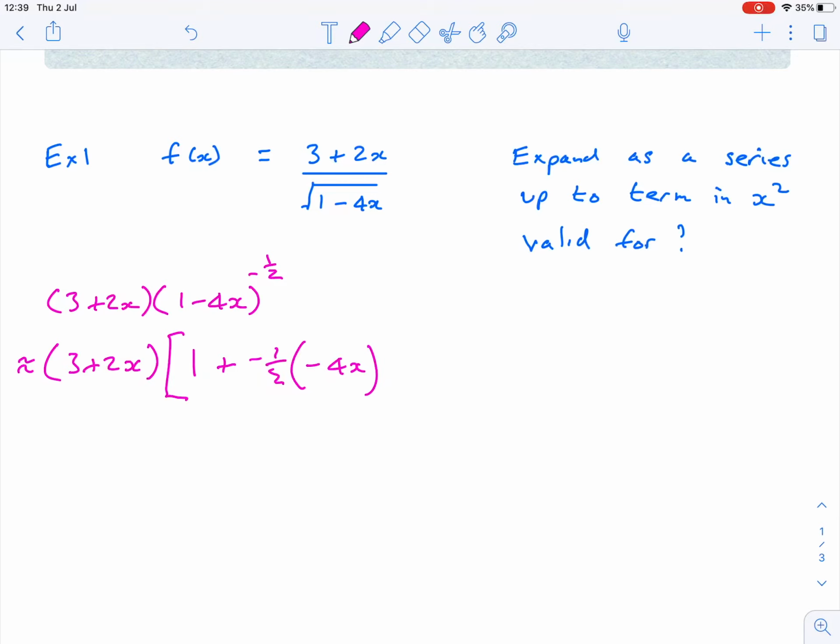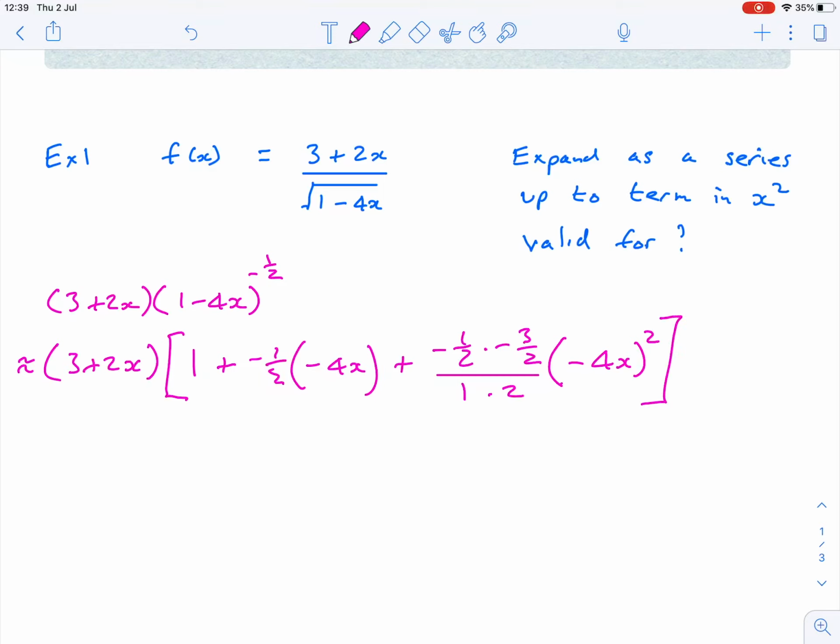So it's like 1 plus minus 4x. And then the next term will be minus a half times minus 3 over 2, 1 less than minus a half, over 1 times 2, times (minus 4x) squared.